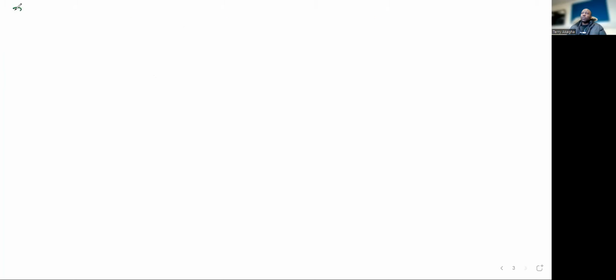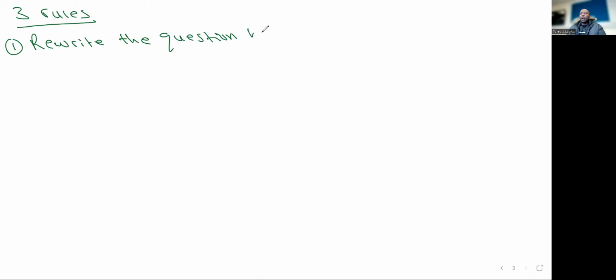Now, there are three steps on how to solve this. The first thing you do is rewrite the question by writing the inverse of the base exponent in front.